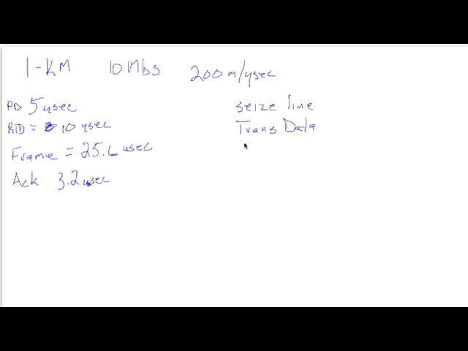But also remember that it takes 25.6 microseconds to stuff the line, but the data has to get all the way to the other side first, right? So then you have, we'll just call this the last bit. And so that is the time it takes for the last bit, after this 25.6 microseconds of stuffing, to arrive at the other side. And that's simply the propagation delay, right? And then the receiver has to seize the line.